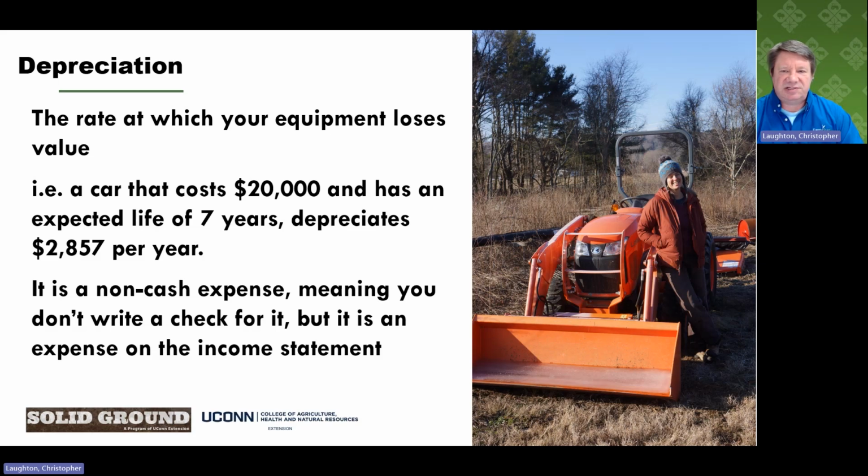So to justify it, you really want to only expense the rate at which it wears out. So if that has a 7-year life, you want to take 1/7 of that amount each year and expense that amount. So you don't write a check for it. It's the rate at which your equipment loses value or wears out.